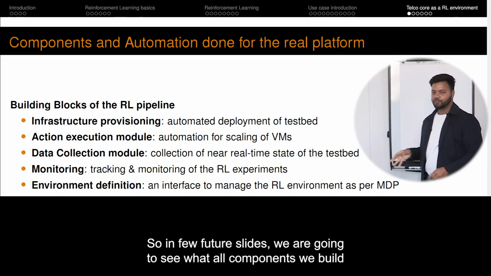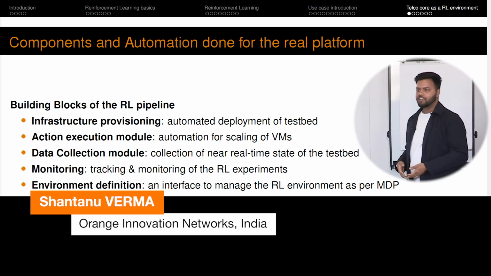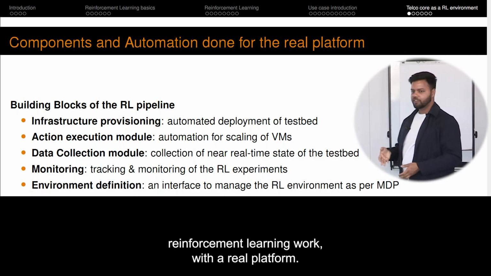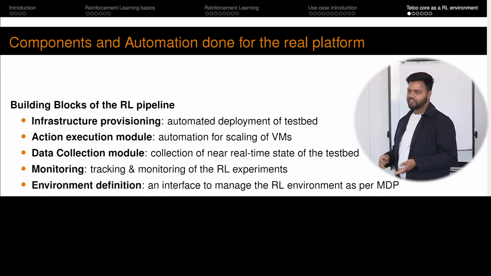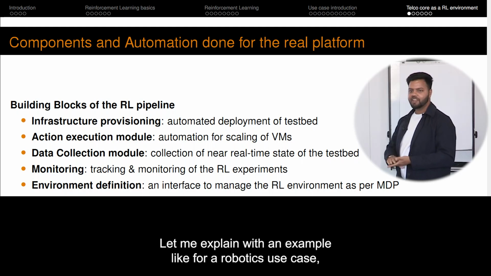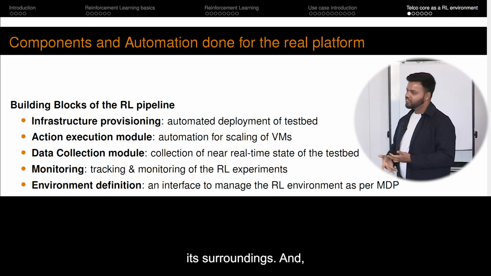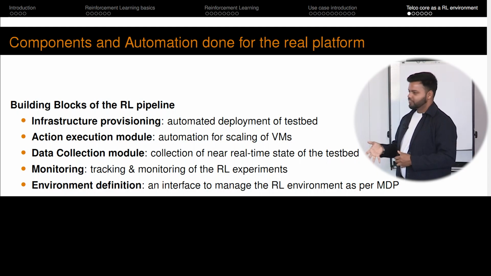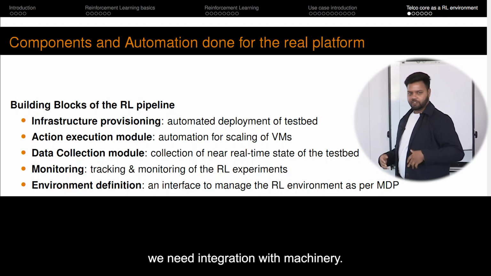In a few future slides, we are going to see what all components we build to make reinforcement learning work with our real platform. I like to say that AI and automation go hand in hand. Let me explain with an example. For a robotics use case, a robot needs a sensor to observe its surroundings, and to actually move the arm and leg, and to make the robot move forward, we need integration with machinery.